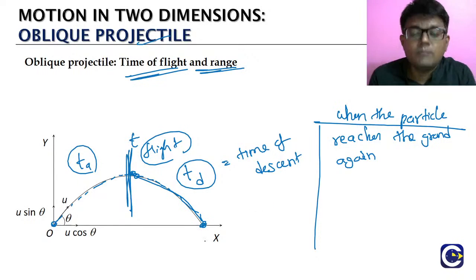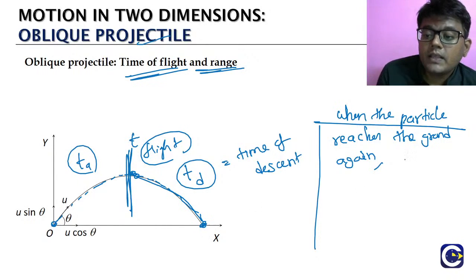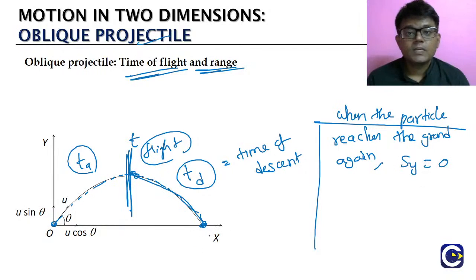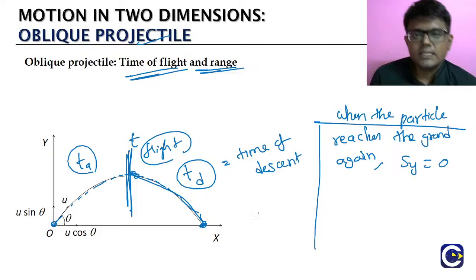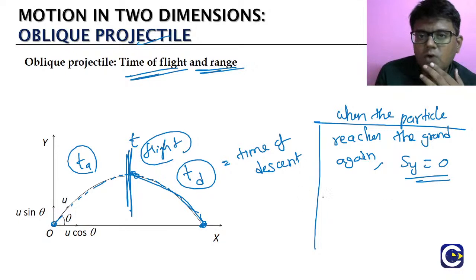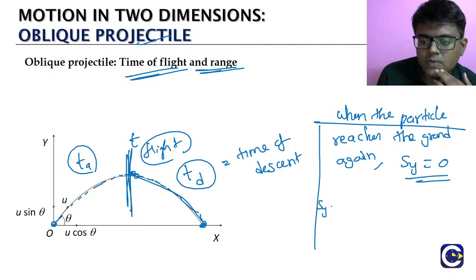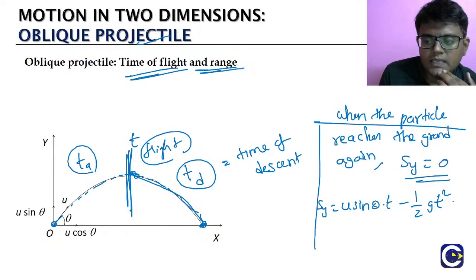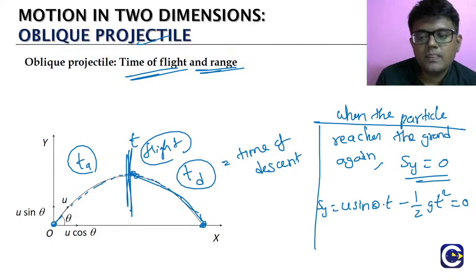What about the vertical displacement? It is zero. Vertical displacement will be zero. So what is the vertical displacement formula? Sy is equal to u sin theta into t minus half g t square. We can equate this to zero.